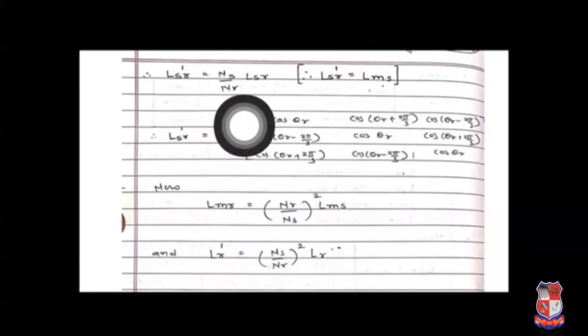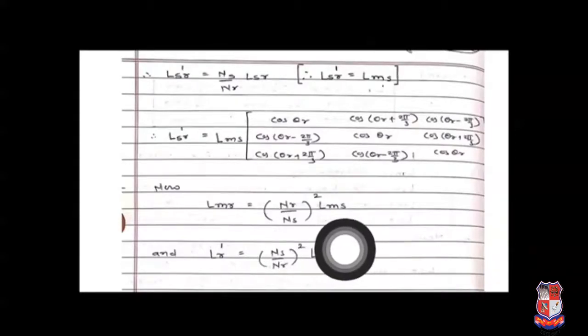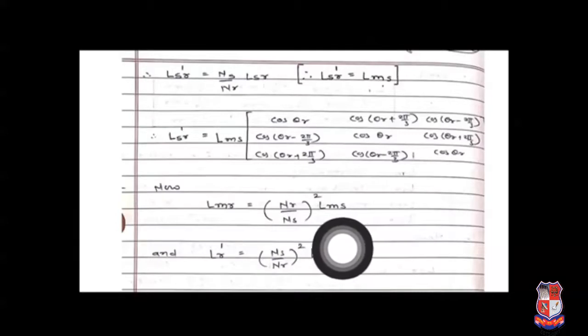So LSR dash is given by NS by NR into LSR. Now LSR dash is given by LMS because we know that LSR dash is equal to LMS. So again this cos theta r matrix is multiplied by it. Now LMR is given by NR by NS whole square LMS.